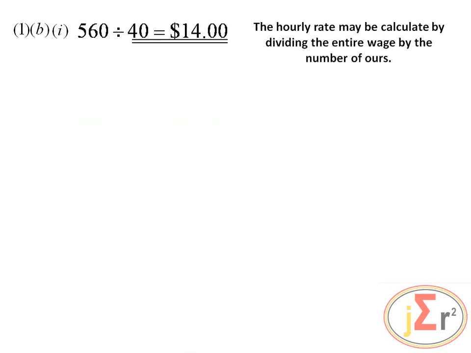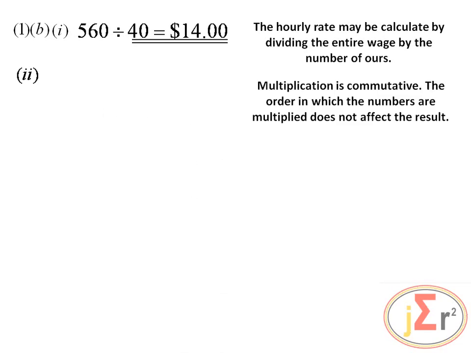So we are going to find the hourly rate by dividing the amount earned for a 40-hour week by 40 in order to determine the hourly rate. For overtime work, the driver is paid 1.5 times the basic hourly rate. We need to calculate his overtime wage for 10 hours.